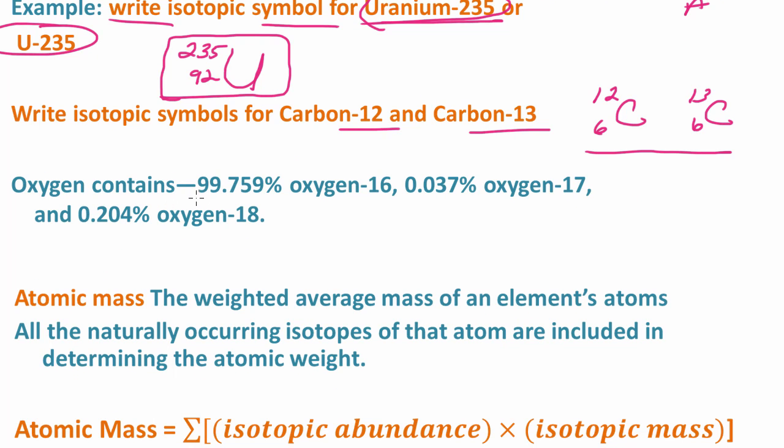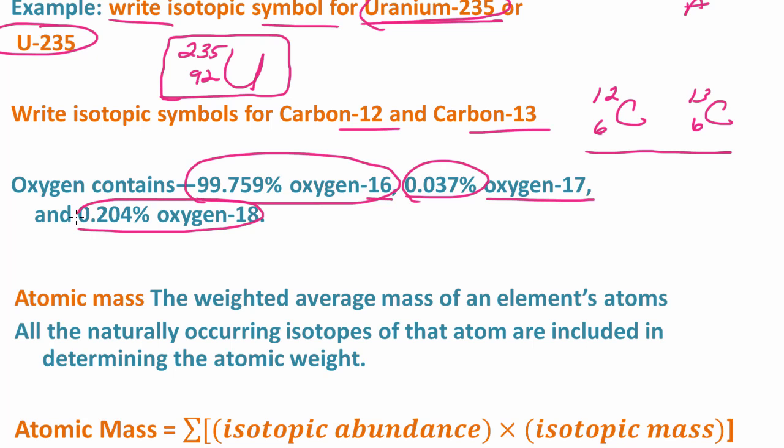So for example, oxygen contains 99.759% oxygen-16, 0.037% oxygen-17, and 0.204% oxygen-18. So this is where we define the atomic mass. This is the weighted average atomic mass of an element's atoms.